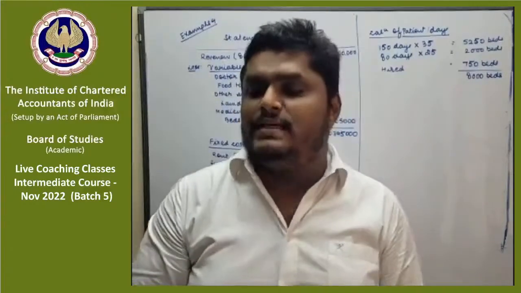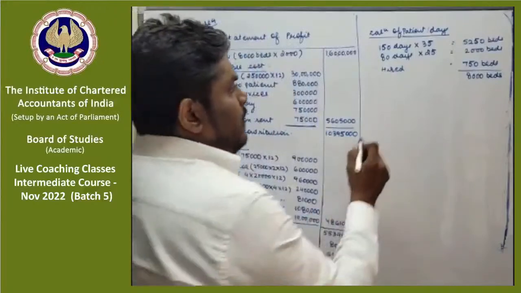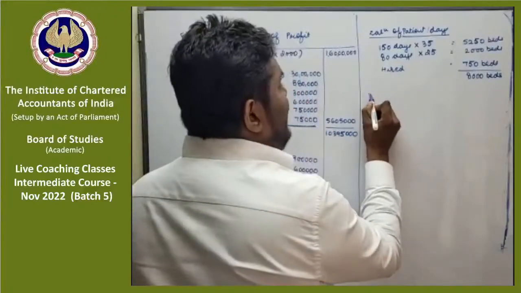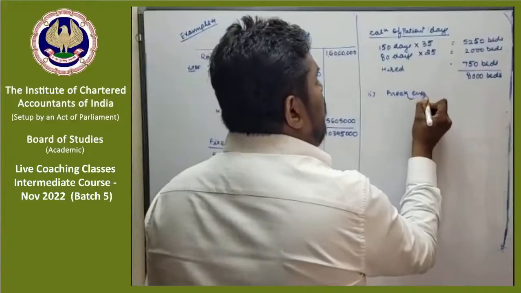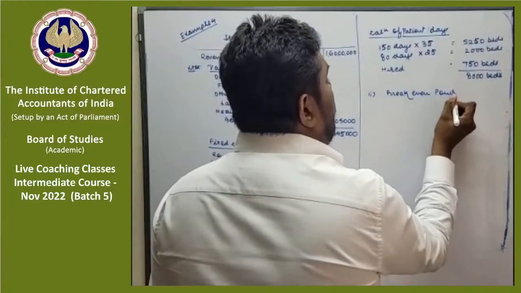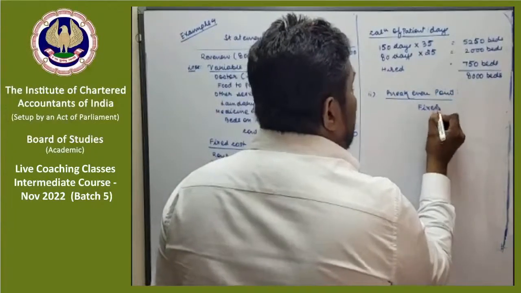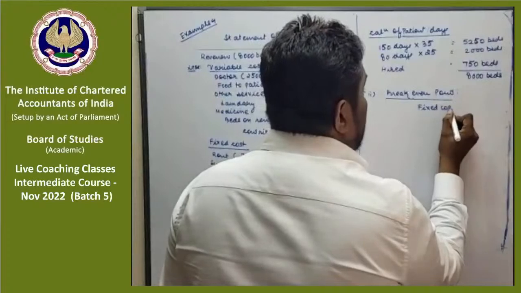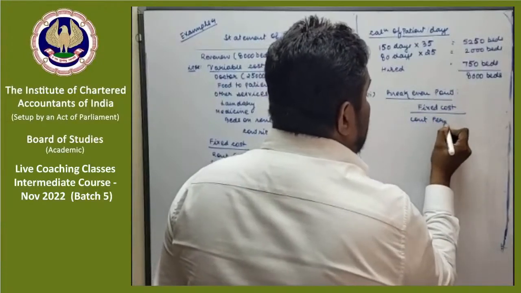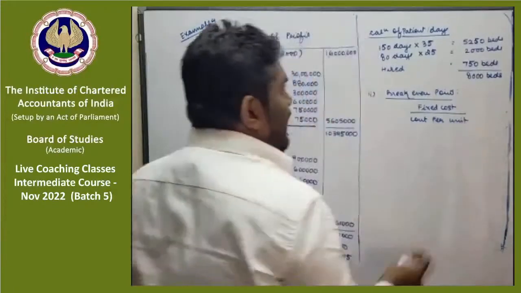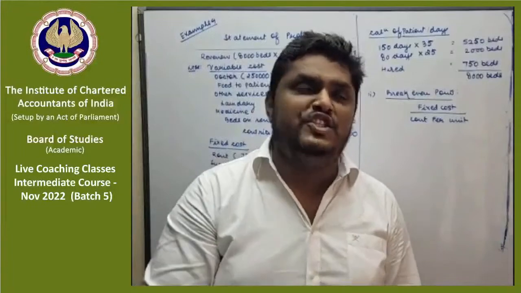Further, they are asking us to calculate the break-even point for the hospital. So when talking about the break-even point, the formula is fixed cost divided by contribution per unit. And herein, in this question, the units are patient days.